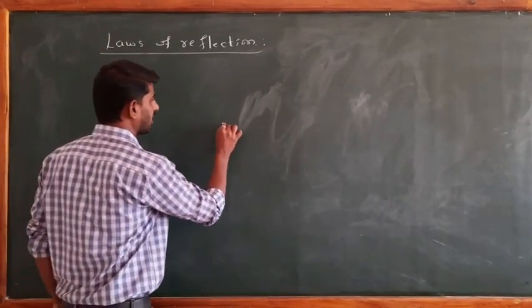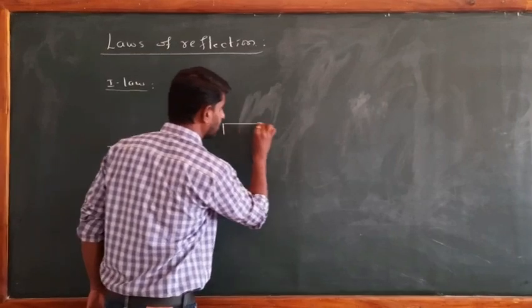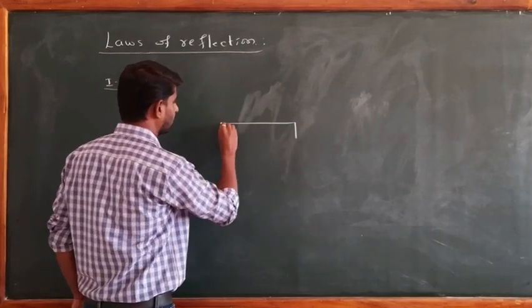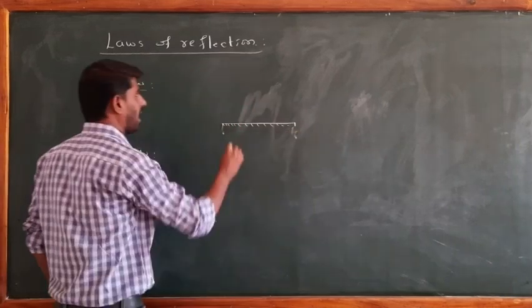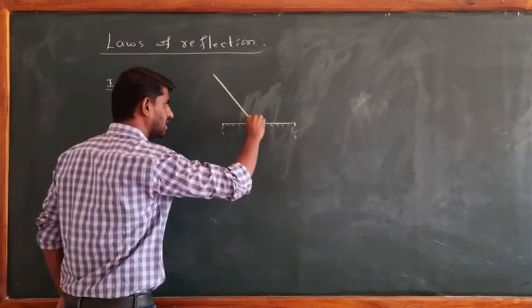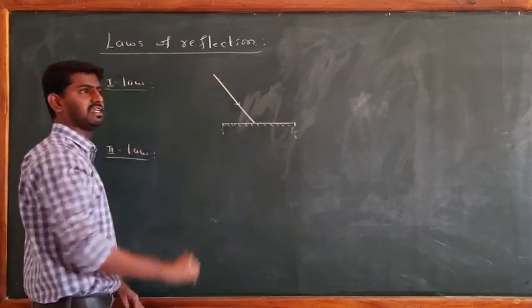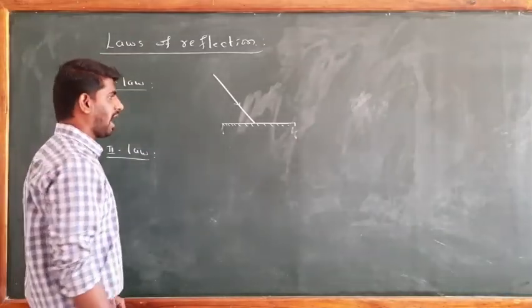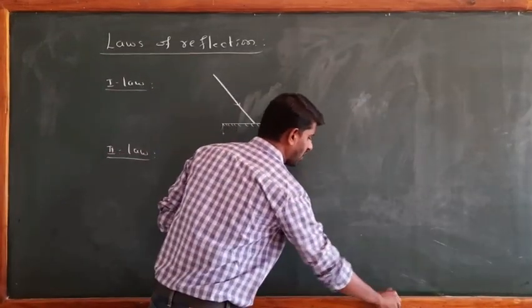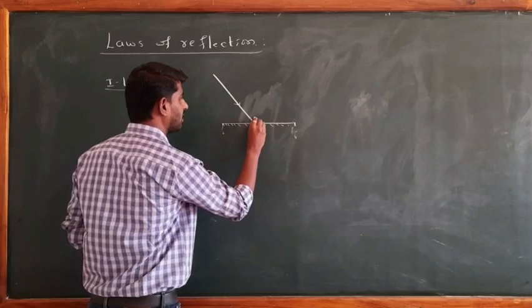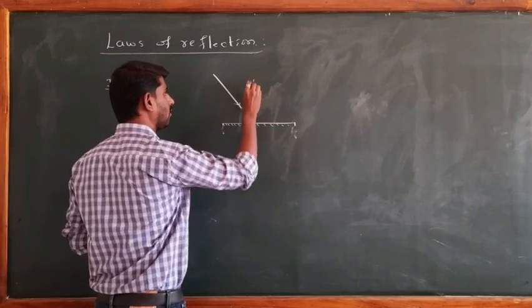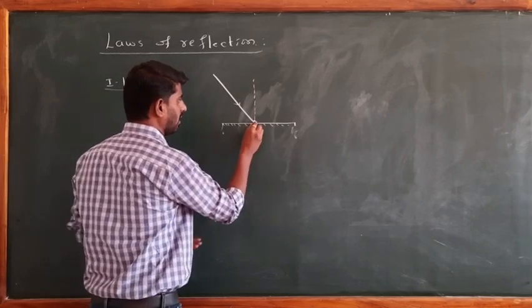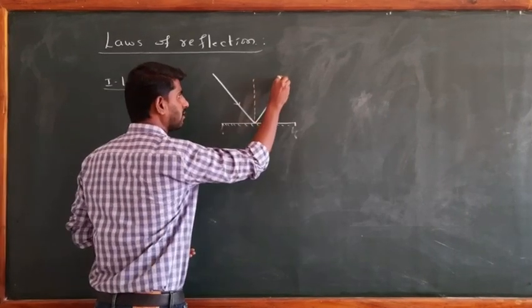For example, this is a mirror, and a ray of light is incident on the mirror. This is the incident ray. And I draw a normal line at the point of incidence. And this will be the reflected ray.